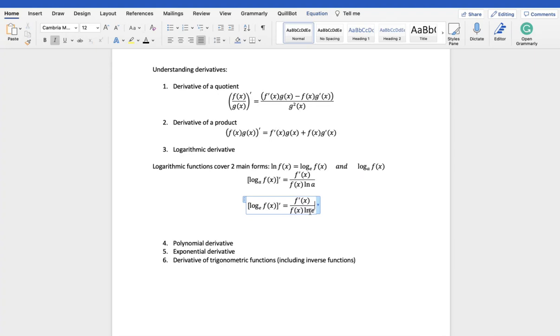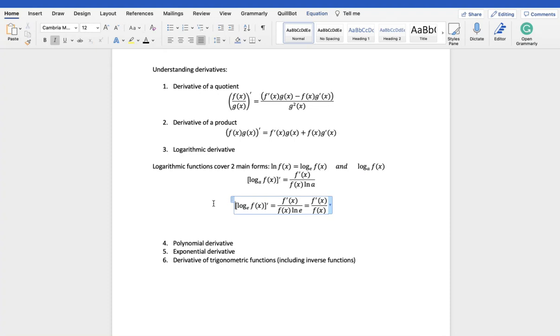And ln of e, remember, is just 1. So that can be simplified to be the derivative of f of x divided by f of x. So that is the special case of the natural logarithm.